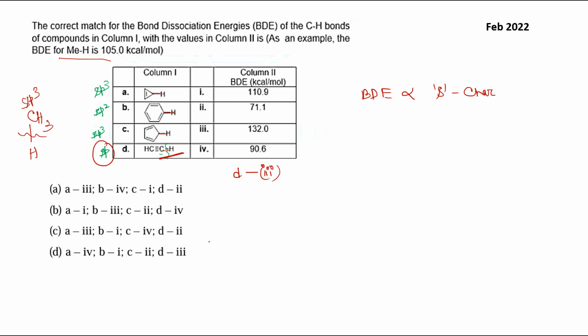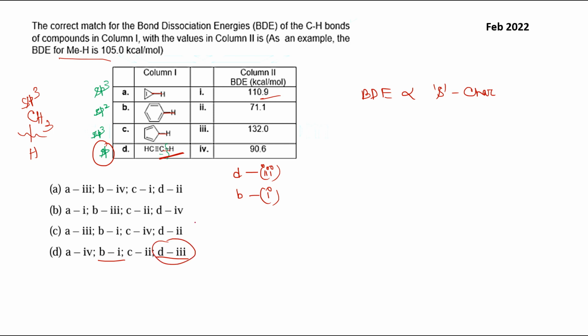And if it is so, the next hybridization sp2, where the S character compared to sp3 is high, so the next maximum energy, which is 110, should be associated with B. So B should be associated with 1. Now D with 3, B with 1, that you can get here. Even if you only consider D is equal to 3, then also you can find it only in option D. So this should be the correct option.